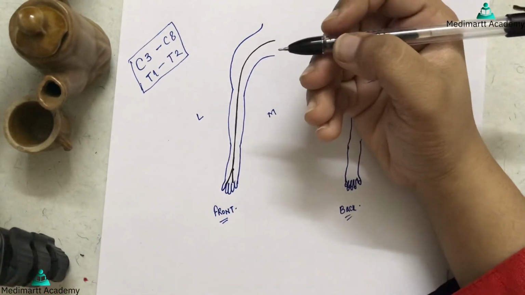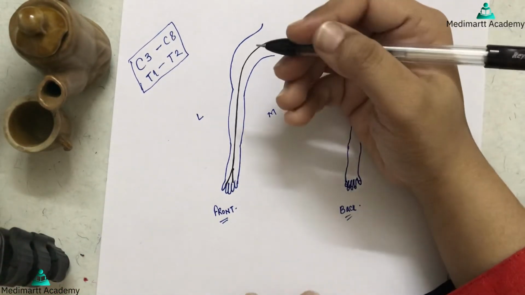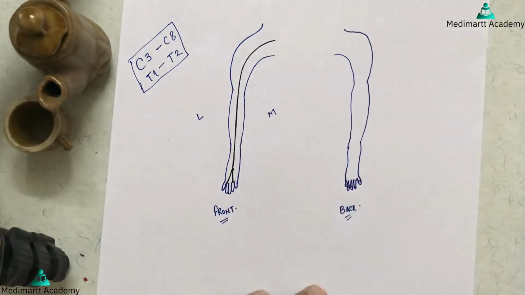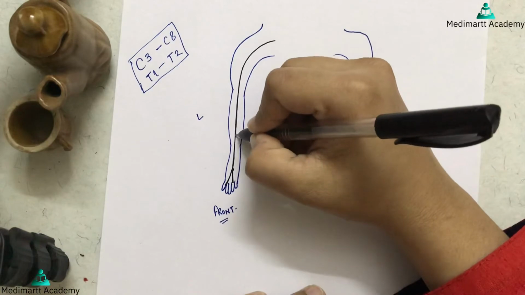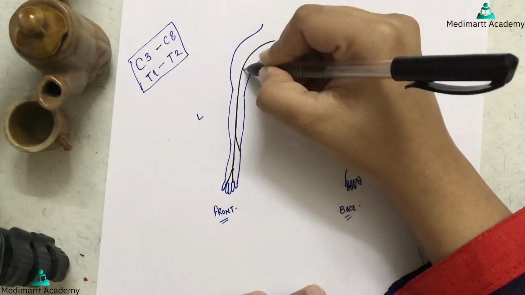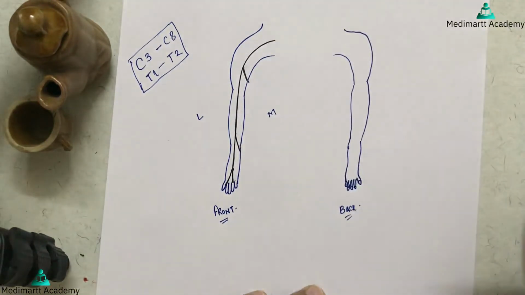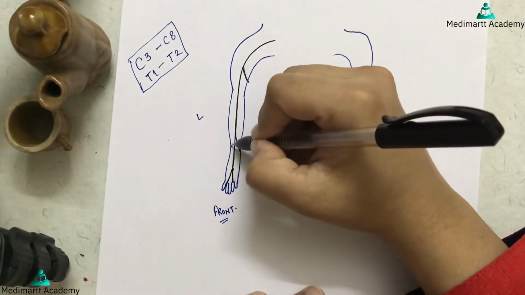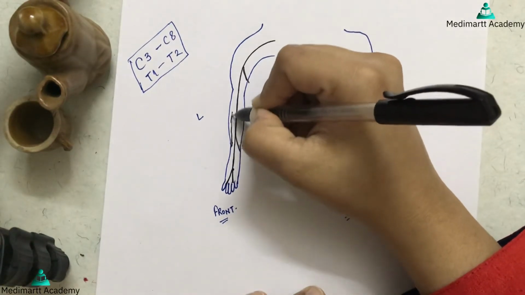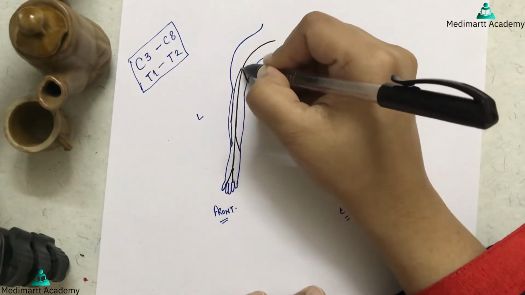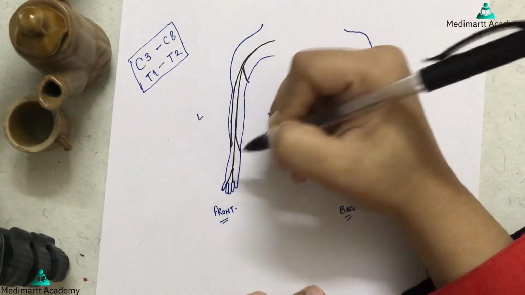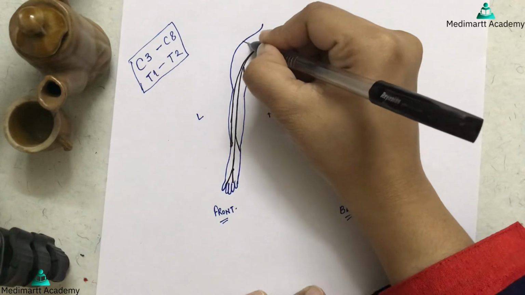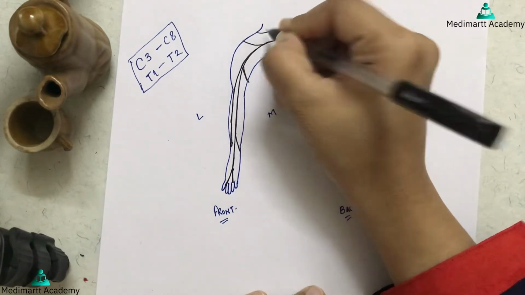Now you have to draw some more lines. This is the basic structure. You will draw one line over here, one line over here. The other line you will take from here and it will go above and join this part. One line over here, one line over here.